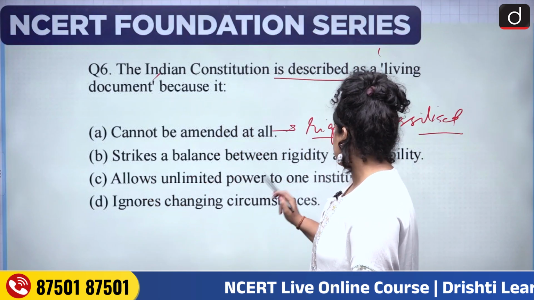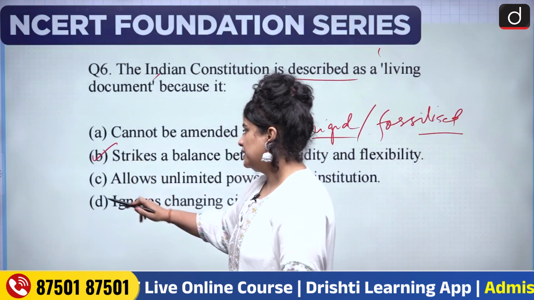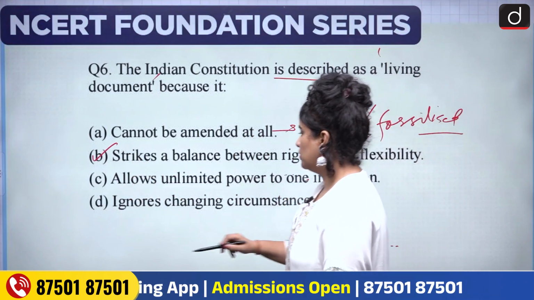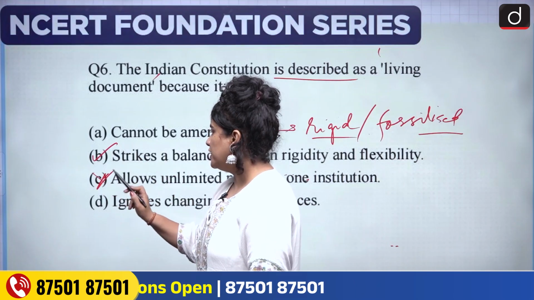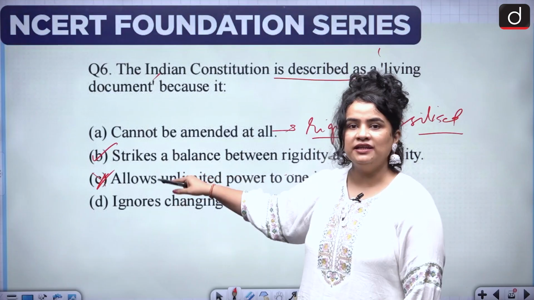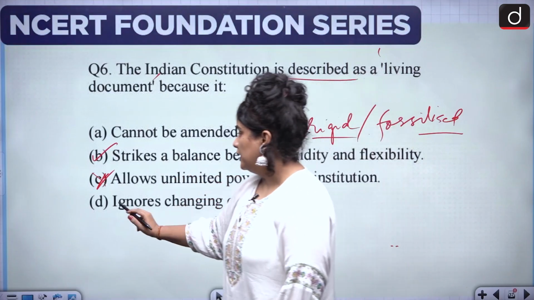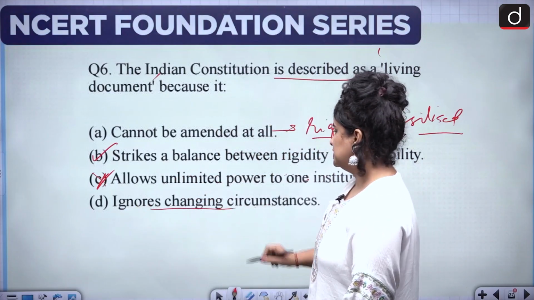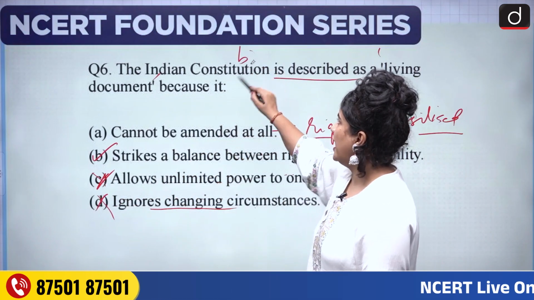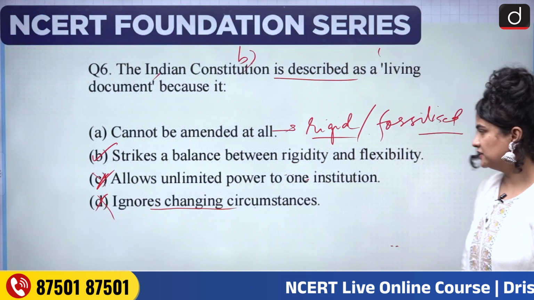Strikes a balance between rigidity and flexibility? Yes. Allows unlimited power to one institution? No, this is what we discussed. Should not happen, and it checks it by a beautiful balance of design. D, ignores changing circumstances? Absolutely not. So here we have option B as our correct answer.